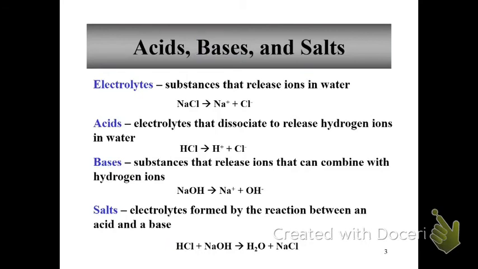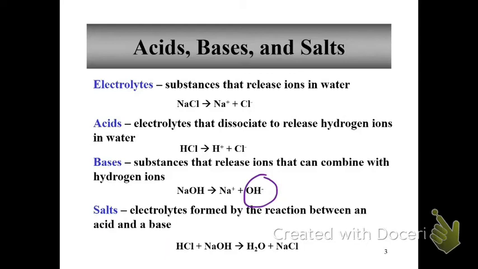Electrolytes are substances that release ions. Acids and electrolytes dissociate, the charges come off. You can see right there the positive hydrogen and the negative chlorine. On bases, anything that is a base is going to have this OH right there.